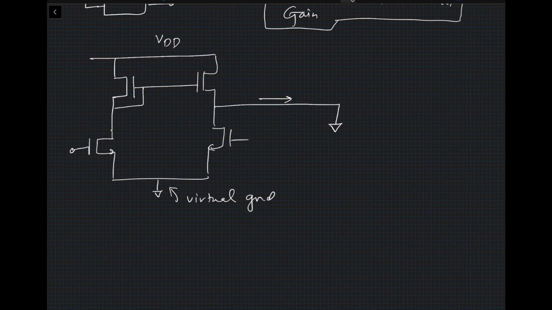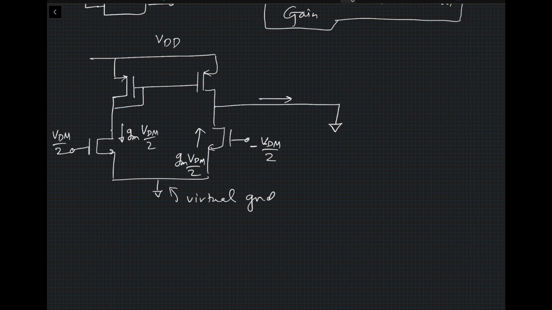On one side I'm applying VDM divided by 2, on the other side I'm applying minus VDM divided by 2. So there is a current flowing here which would be GM times VDM divided by 2, and the current, because of the negative sign, will flow the other way around, GM times VDM divided by 2.